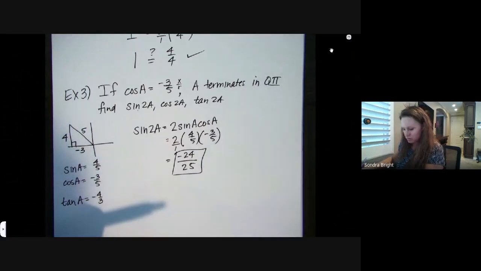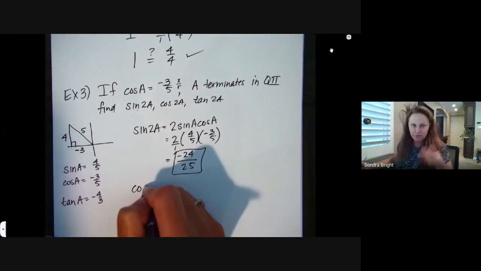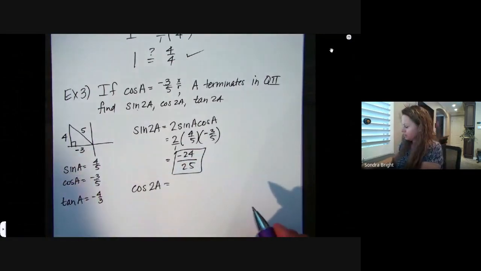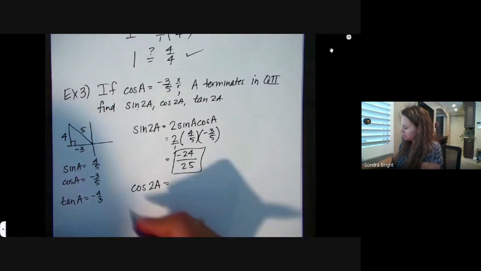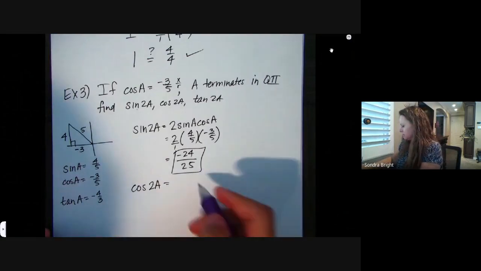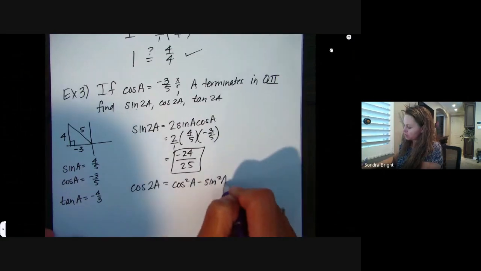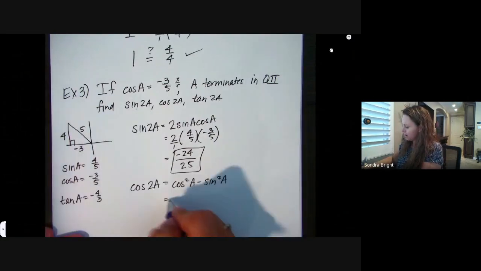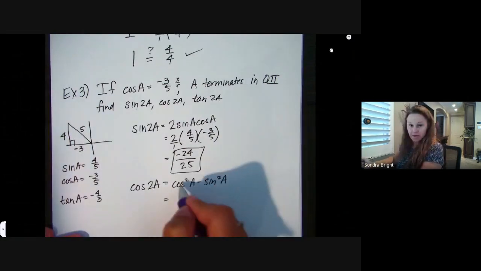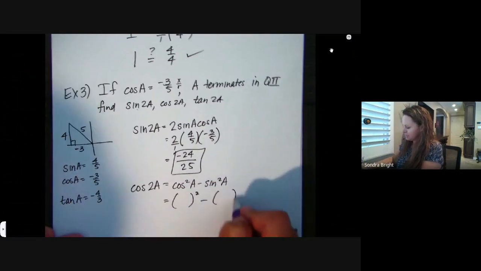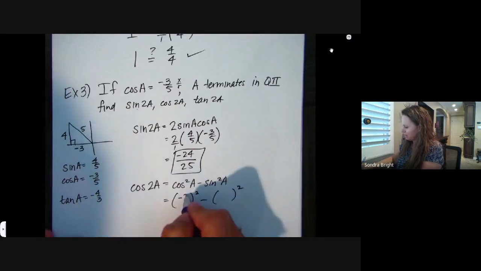Cosine of 2 times the angle. You have 3 identities you can use, and any of them will work, but I'll just use the first one for practice. This is equal to cosine of A squared minus sine of A squared. Cosine of A was negative 3 over 5, sine of A was 4 over 5.